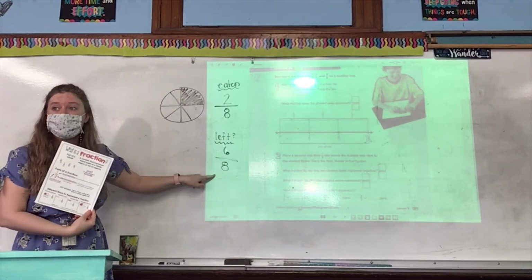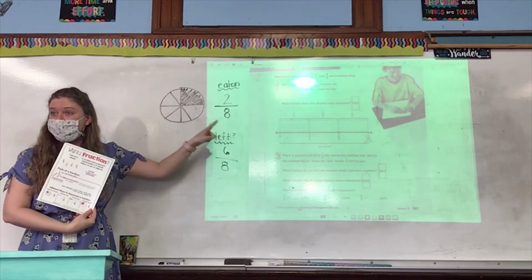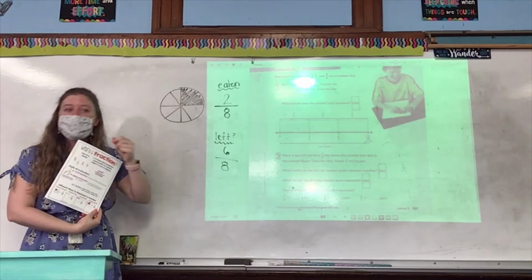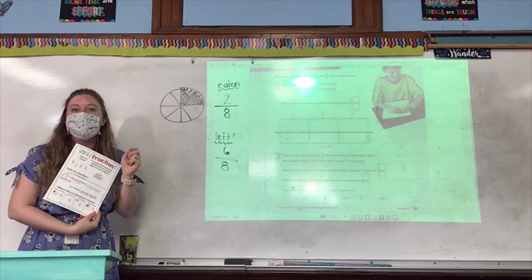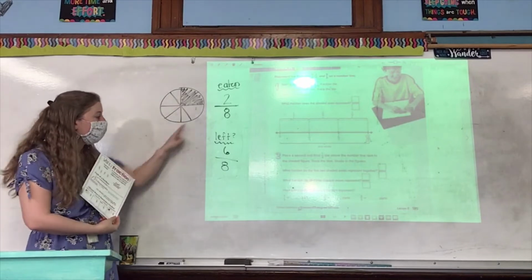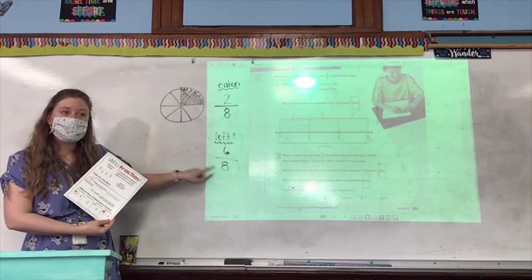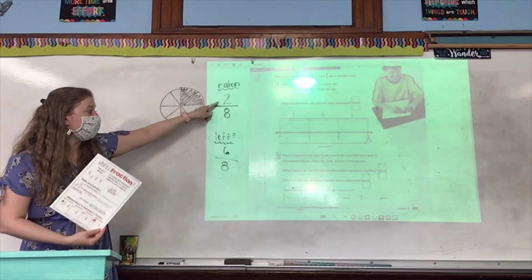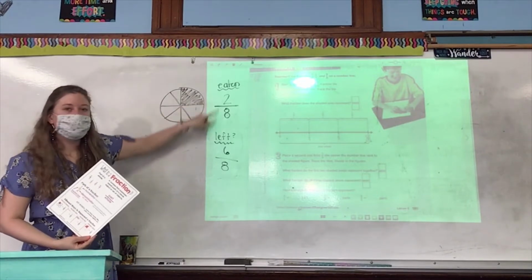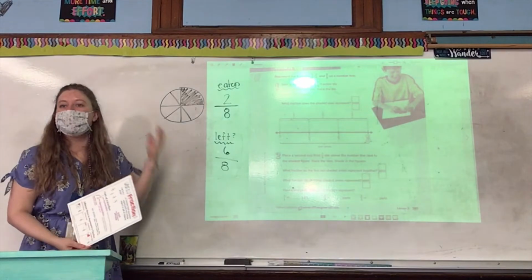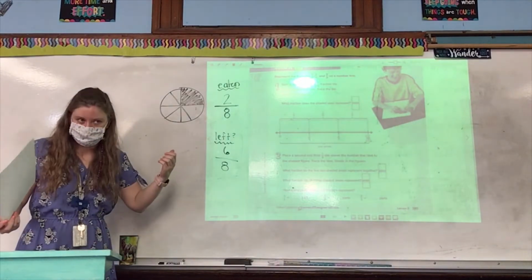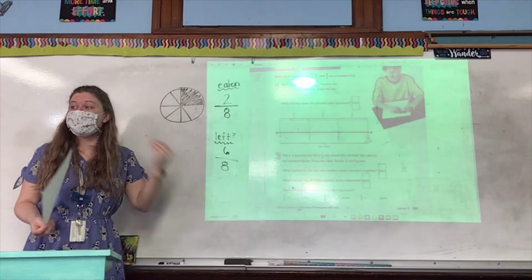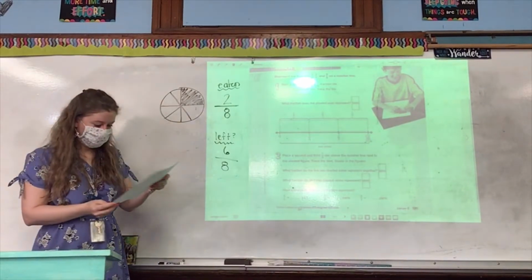So the bottom number tells you how many pieces are in the whole when you start. Before I started eating, how many pieces were in my pizza, class? 8. So my whole pizza was cut into 8. So there's my denominator. Remember, numerator shows how many small pieces are there or gone, whatever you're looking at. The bottom number tells you how many pieces you started with in the whole.